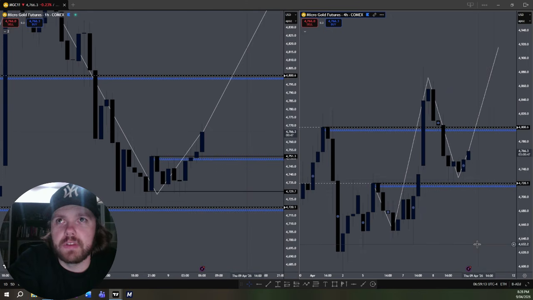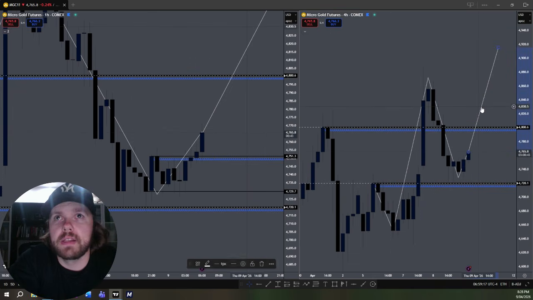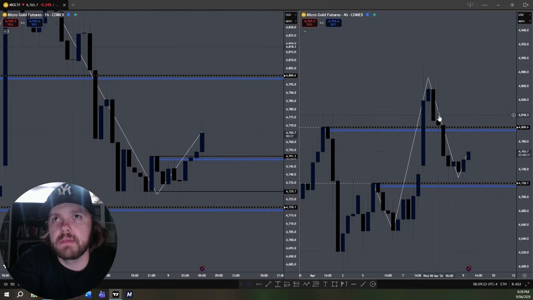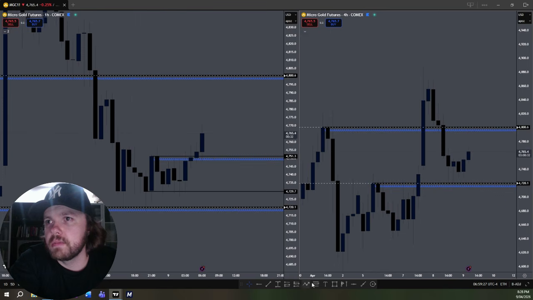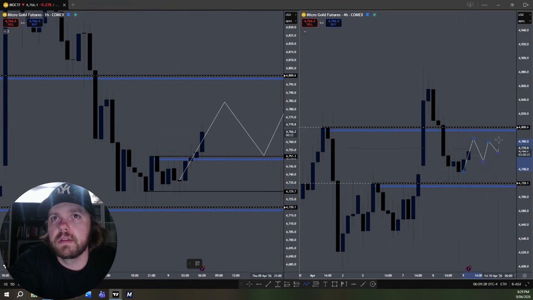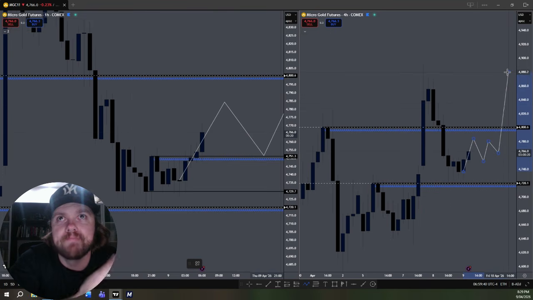Makes sense, right? If you trust structure, which I do, on the higher time frame, essentially what price should look to do now might not look exactly perfect, but it might do something like this. Price might do something like this and then shoot up.